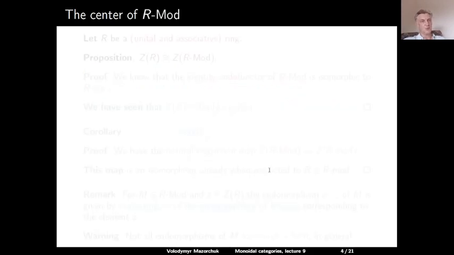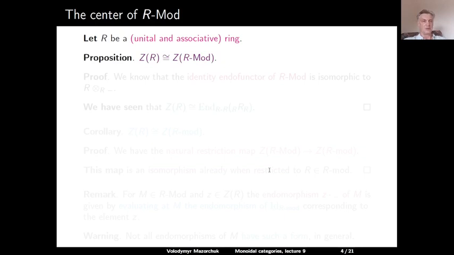In relation to modules over rings, we have the following property. So let R be a unital and associative ring. Proposition: the center of R is isomorphic to the center of the category of all R modules. Proof: the center of the category is the endomorphism ring of the identity functor.